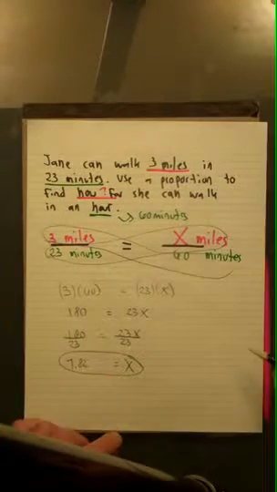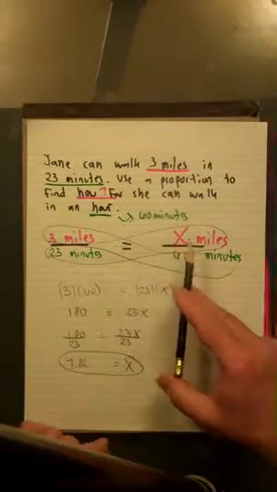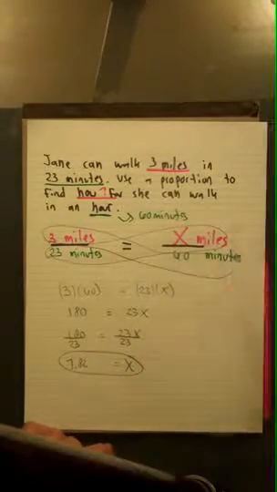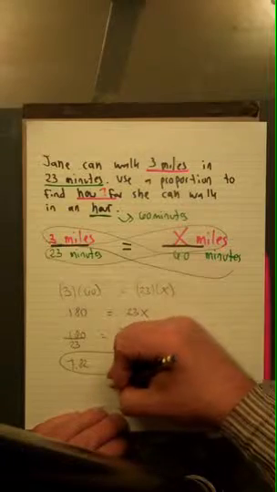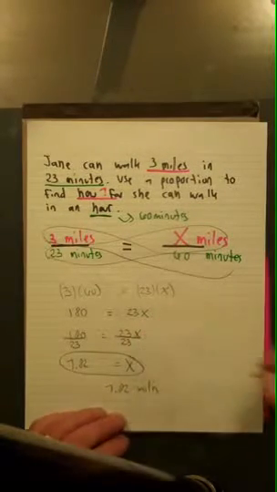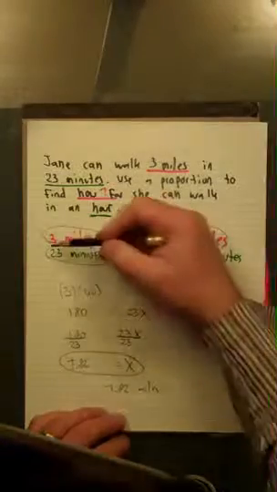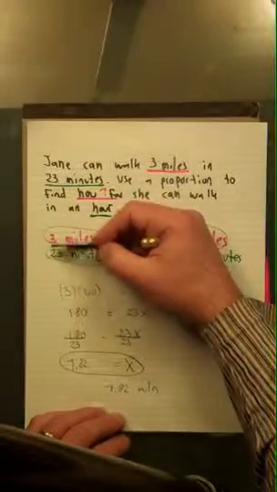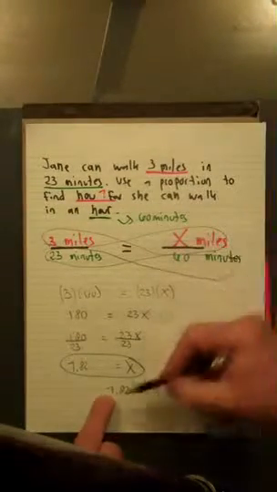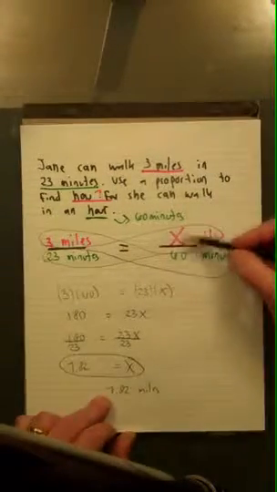What I'm saying here is that she is going to be able to walk 7.82. Remember, x is miles, so 7.82 miles. Again, if I wanted to, I could get a decimal here and compare it. If I put this 7.82 here, I should get the same there.